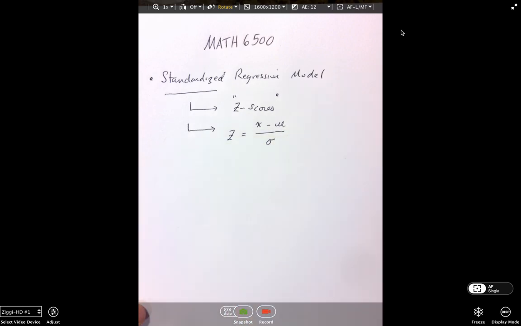Just a review, if we have a population distribution with mean mu and standard deviation sigma, we can standardize a particular value by taking that, subtracting the mean and dividing by the standard deviation. We're going to do some of that in this video.